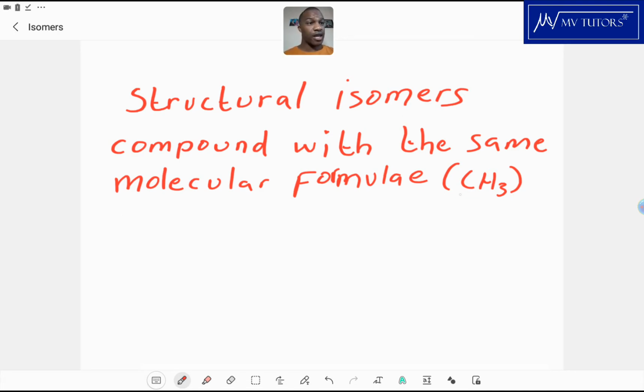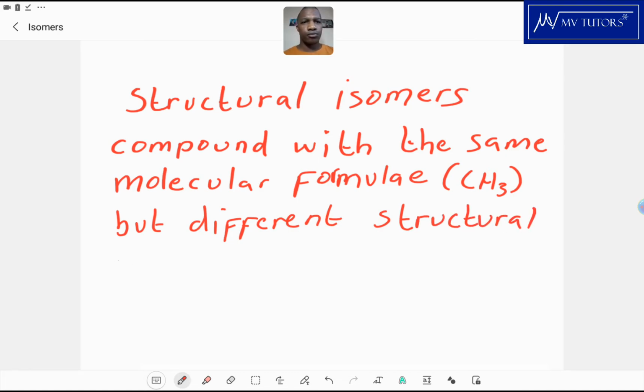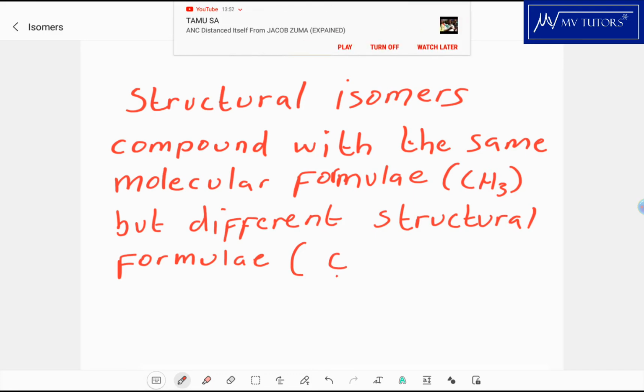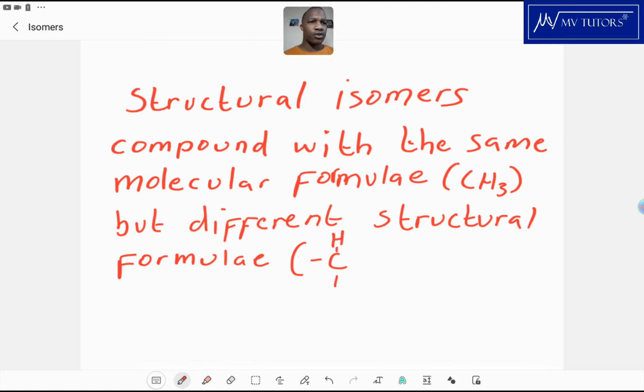So isomers have the same molecular formula, but different structural formulae. Okay, so structural formula is that. So let's put an H. This is what we call a structural formula.